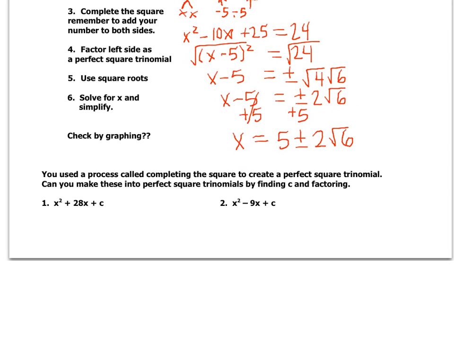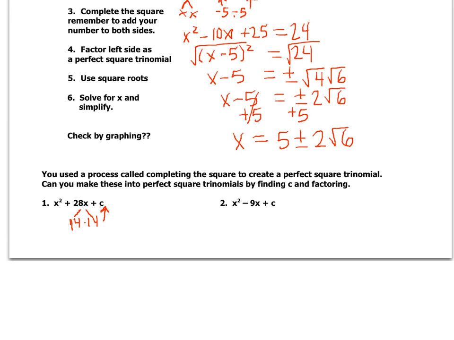Alright, let's complete the square on these bottom two here. Now let's just think about what we would need for our C in order to make these perfect squares. We're not going to go through and solve these at all. So number 1 here, my B term is 28x, so you have to think, what's half of 28x? Well, that's 14. So if I split this up into 14 times 14, that would be the C that I would want.